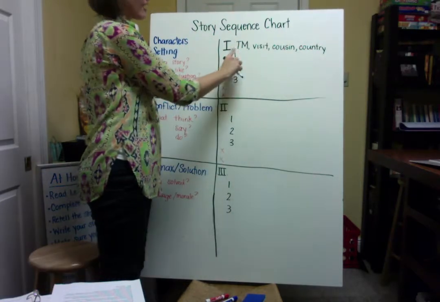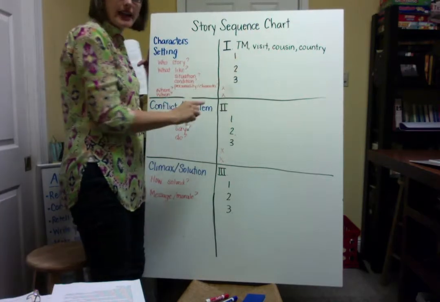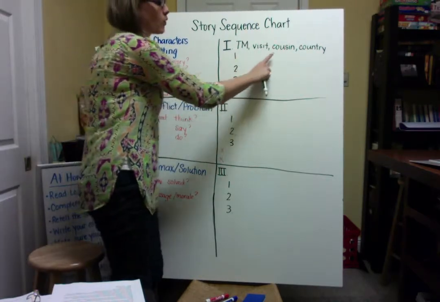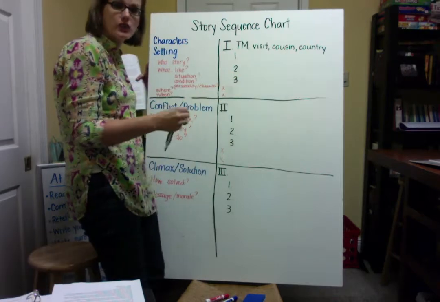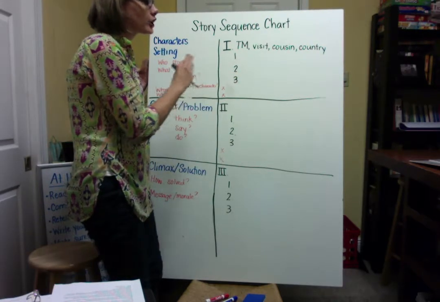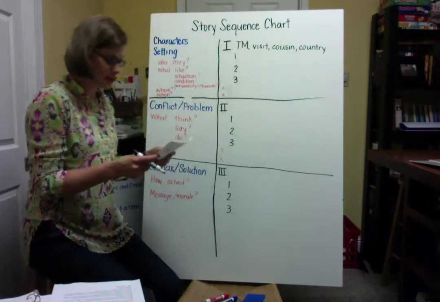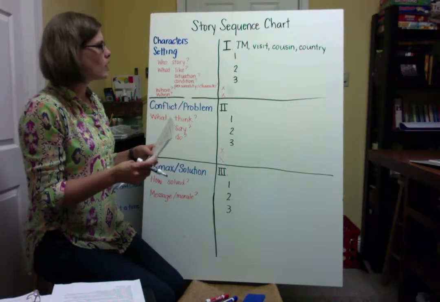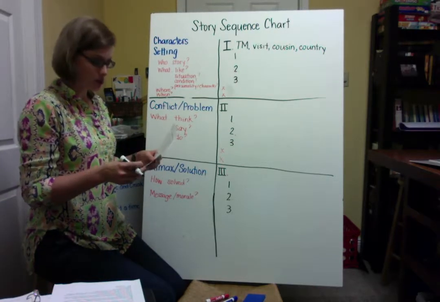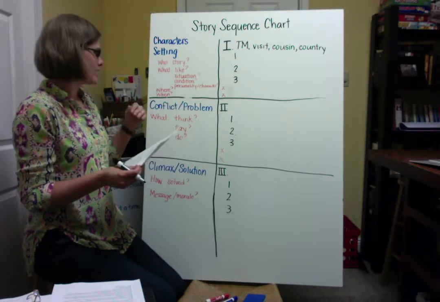So you see, we have that this is the town mouse. We are telling why the town mouse is there. We are telling how he is related to the country mouse, and it tells you where he's at. It tells you he is in the country. Now, what else do we know about this setting?